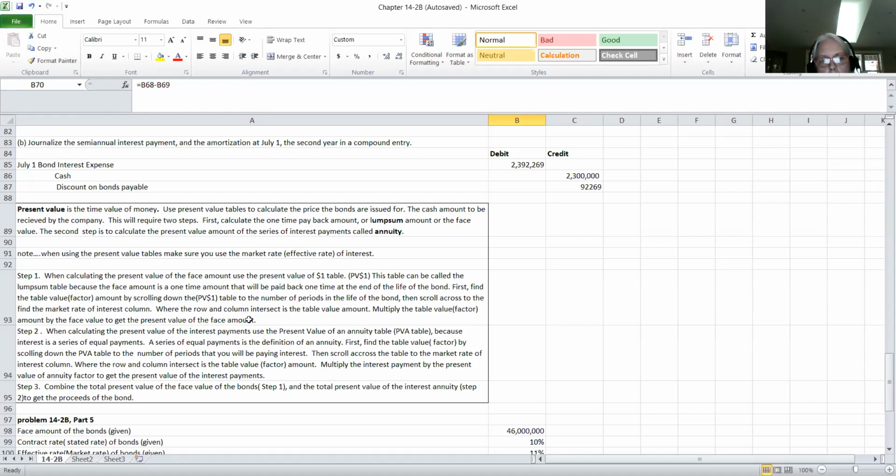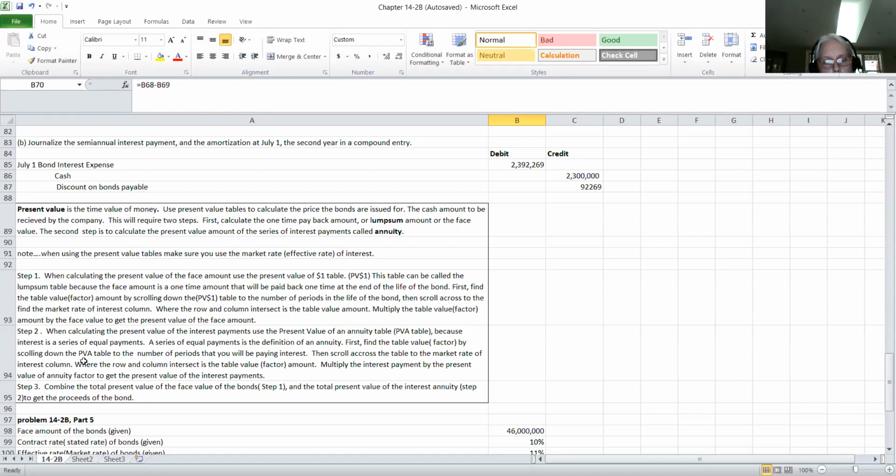Where the rows and the columns intersect on the table, that is the table value amount that you're going to use. Then you're going to multiply that table value factor by the face value to get the present value of the face amount at the bond issuance date.